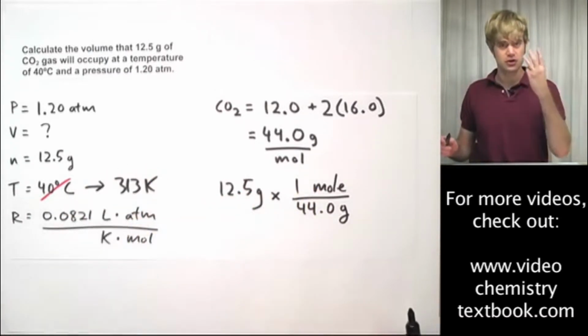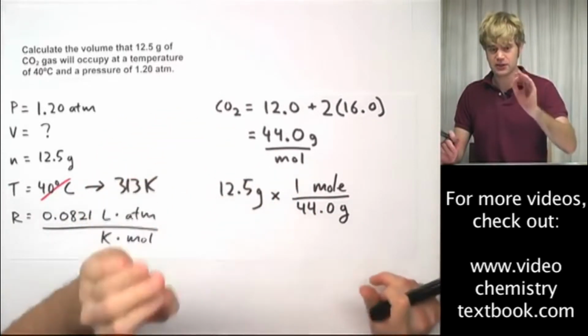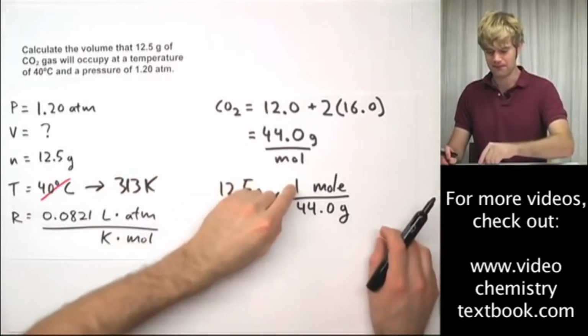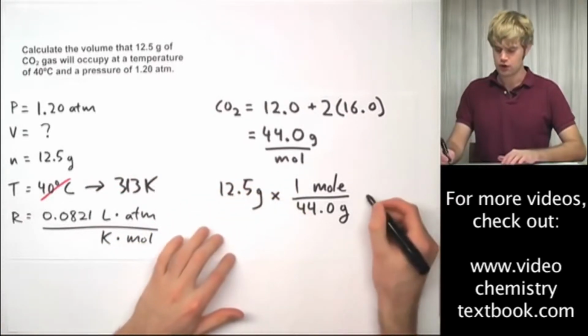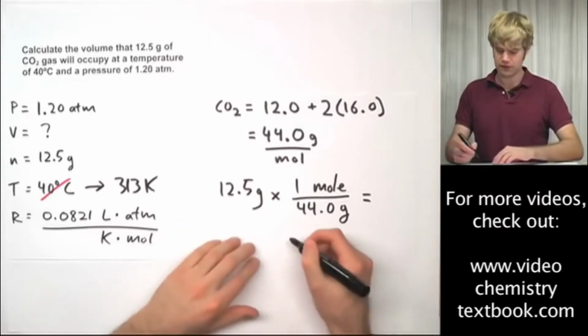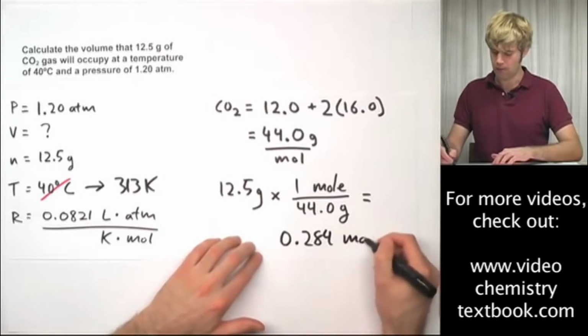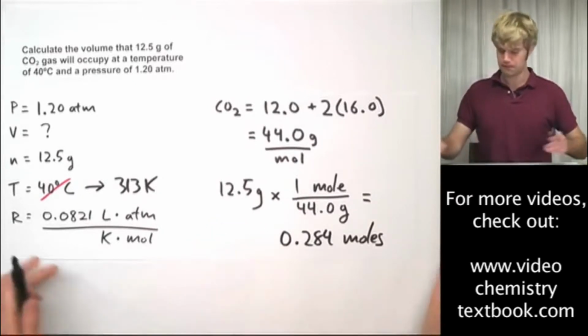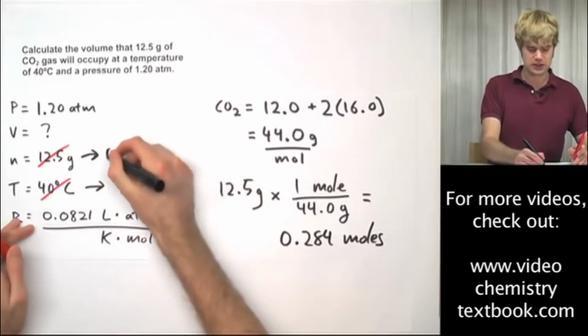I'm going to round that to 3 significant figures. 1 mole, this is an exact counting number, so we don't worry about significant figures for this. 3 here, 3 here. So I'm going to round this to 3 significant figures, and I'm going to get 0.284 moles of CO2.